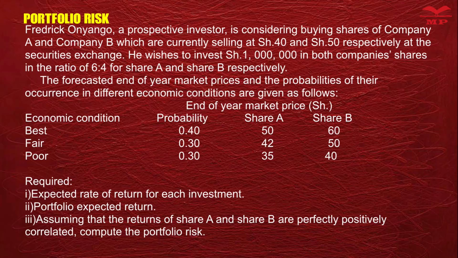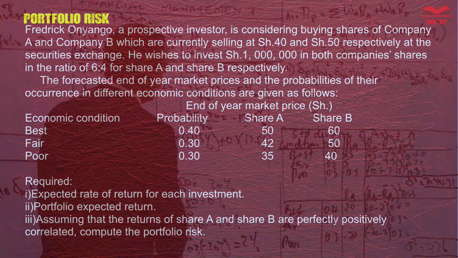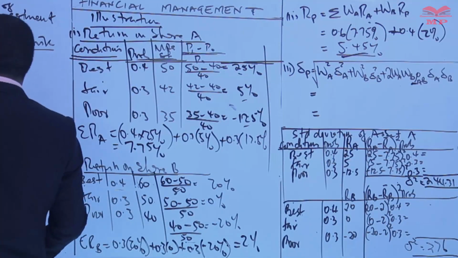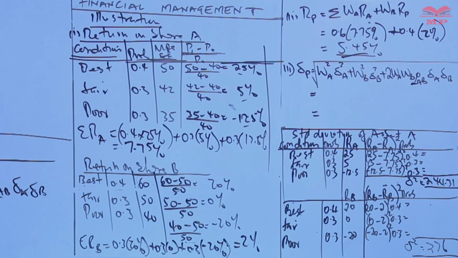That means that the correlation coefficient of asset A and asset B is 1.